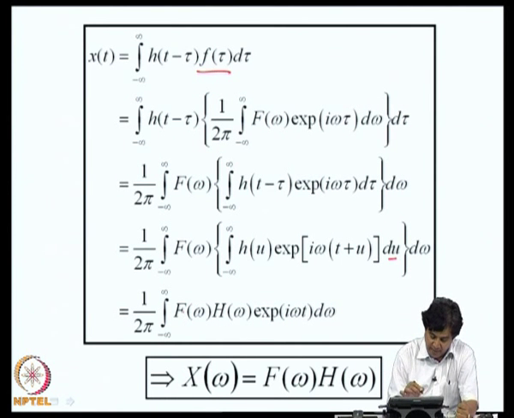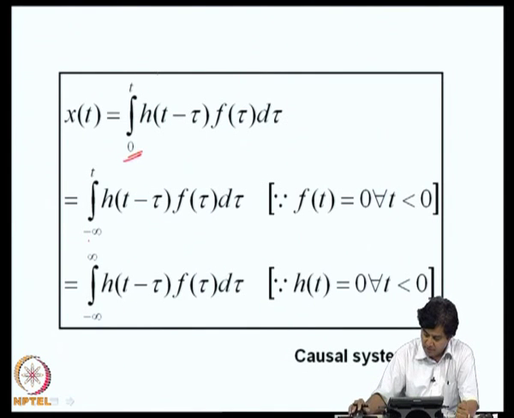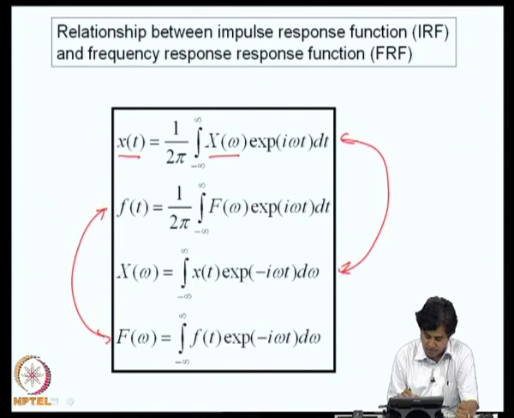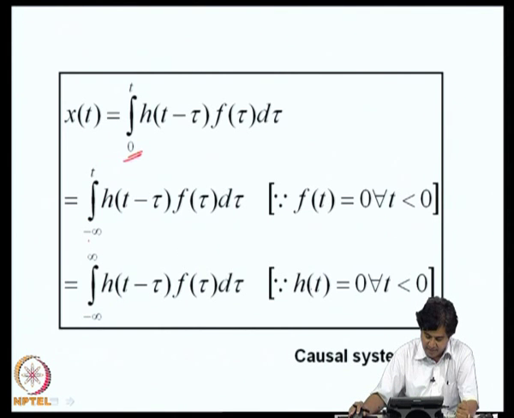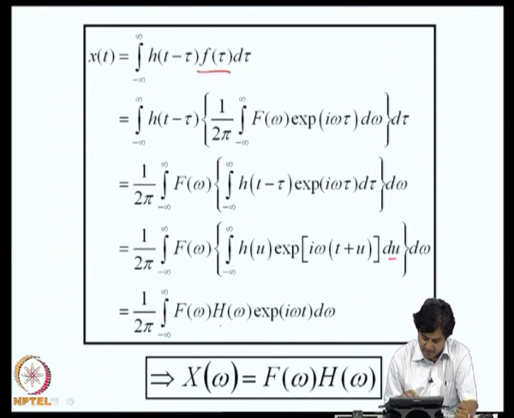Therefore, if you compare this expression with the Fourier transform definition, you will identify that X of omega is nothing but F of omega into H of omega. So, in this view graph, this H of omega is the Fourier transform of h of t.